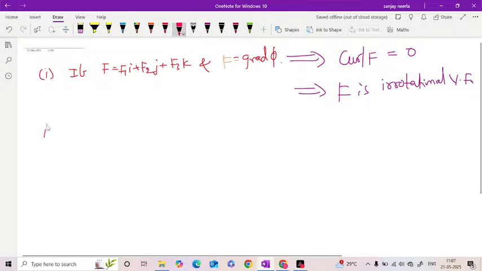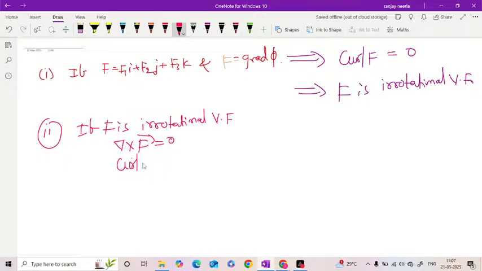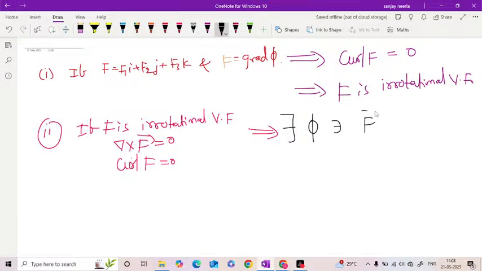First point. Second one, converse. If F is an irrotational vector function, or del cross F is 0, or curl F is 0, then definitely there exists a phi such that F is equal to the gradient of phi.